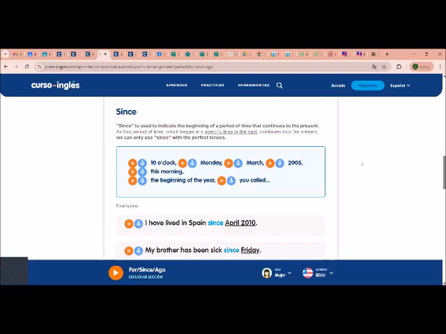And now we put them in front of the period start. All right. We don't really want to zone in on the period, but we want to show you when it started. So since 10 o'clock, since Monday, since March, since 2005, since this morning, since the beginning of the year, since you called. You're showing when the actions started, right?